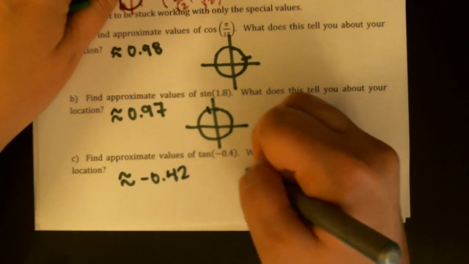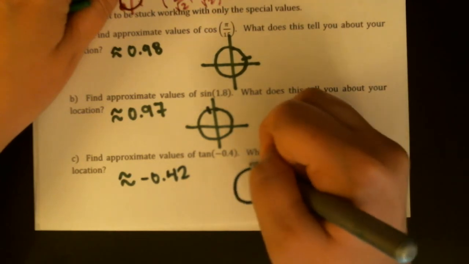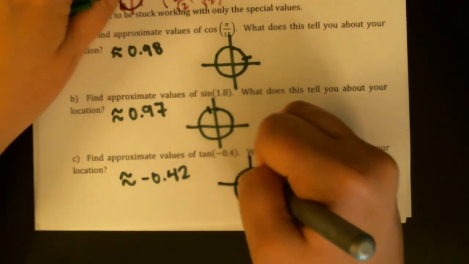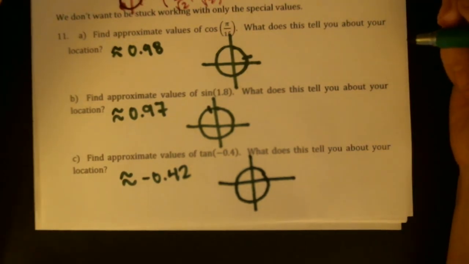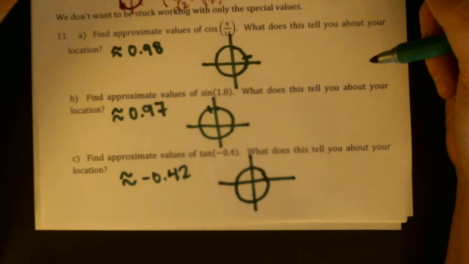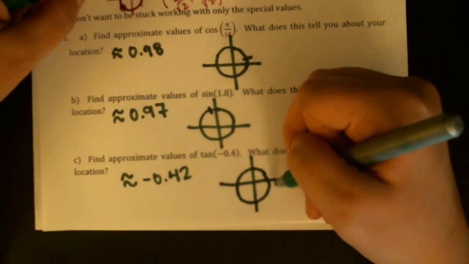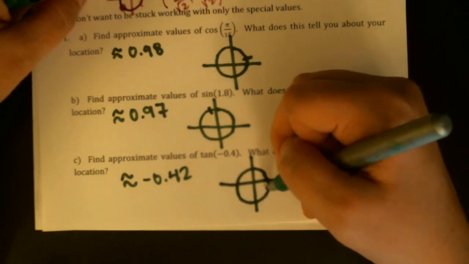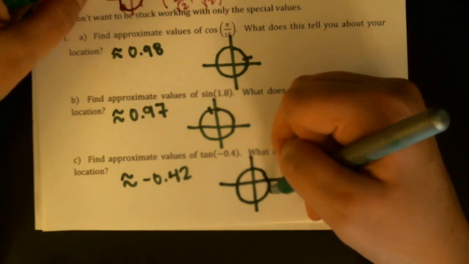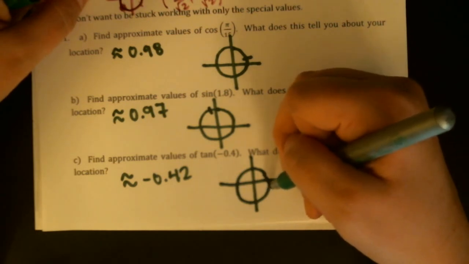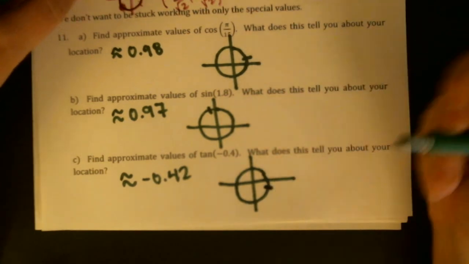Okay, so tangent on the unit circle is y over x, which means tangent gives you the slope of a line through the origin and the point at the end of your arc length. So if we go negative 0.4 radians, again, remember negative pi over 2 is negative 1.57. So negative pi over 6 is kind of close to negative 0.5, which is a third of the way here. And we went negative 0.4, so we're not quite that far.